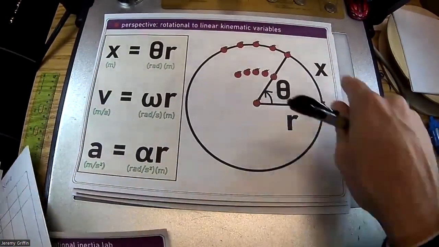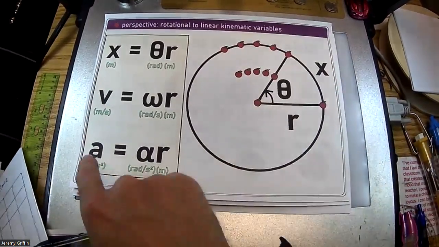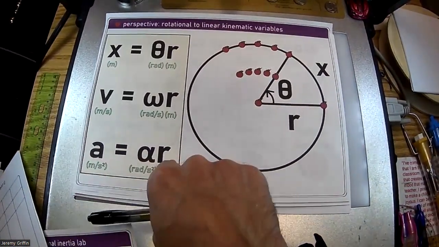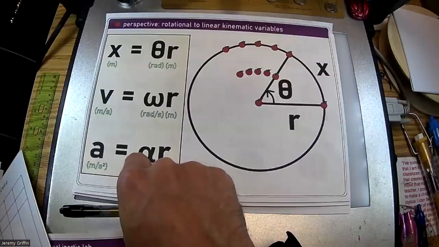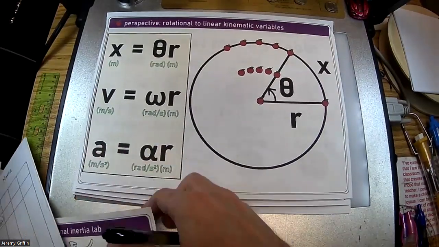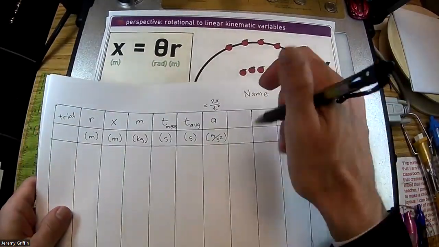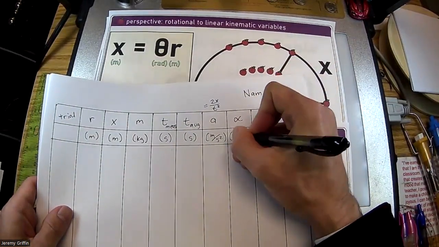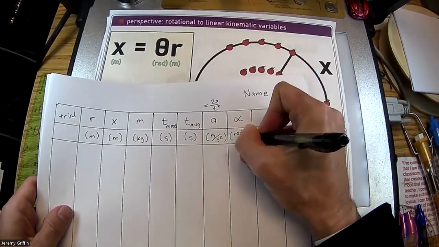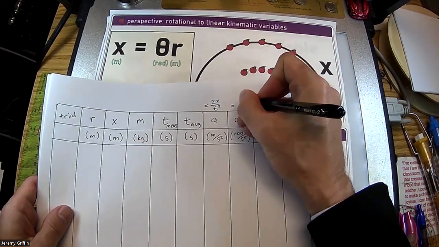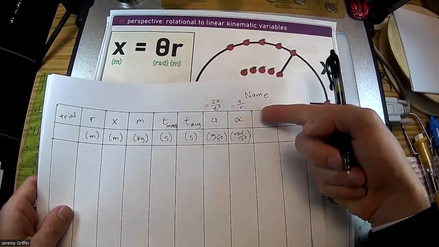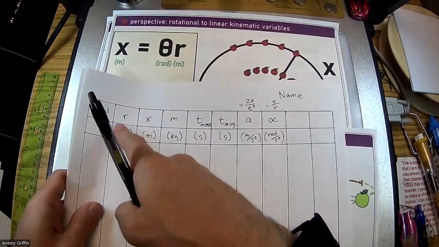You guys remember turntable physics? They're related by the radial size. If I want alpha, all I have to do is take a and divide by r. And that's exactly how we're going to get the angular acceleration alpha in radians per second squared of the whole pipe system. We're just going to say alpha equals a divided by r.